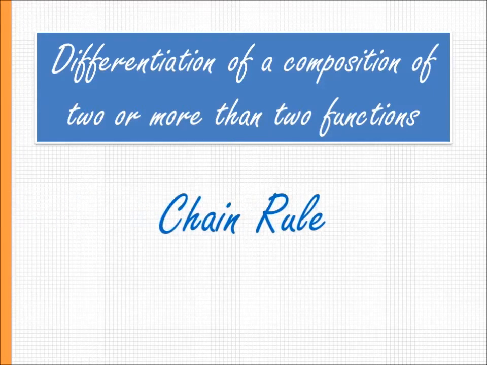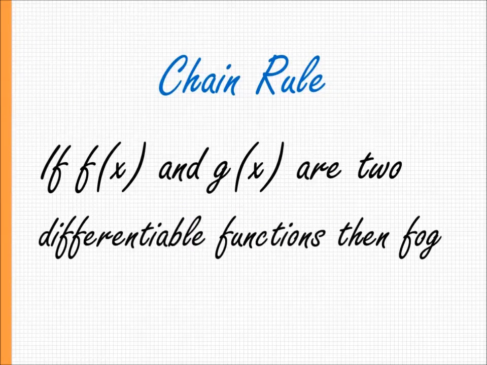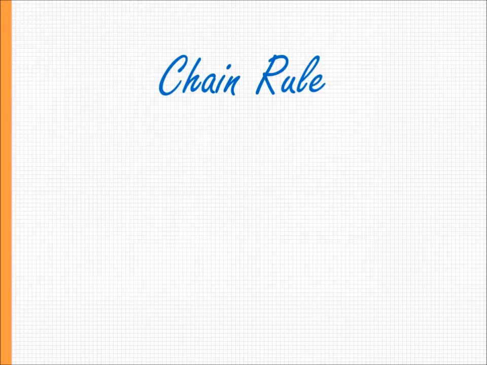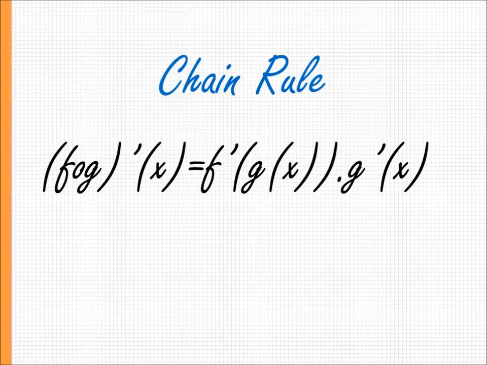As per the chain rule, if f of x and g of x are two differentiable functions with respect to x, then their composition function f of g is also differentiable with respect to x, and its differential coefficient (f of g) dash x is given by the differential coefficient of f with g of x as argument into the differential coefficient of g with respect to x.